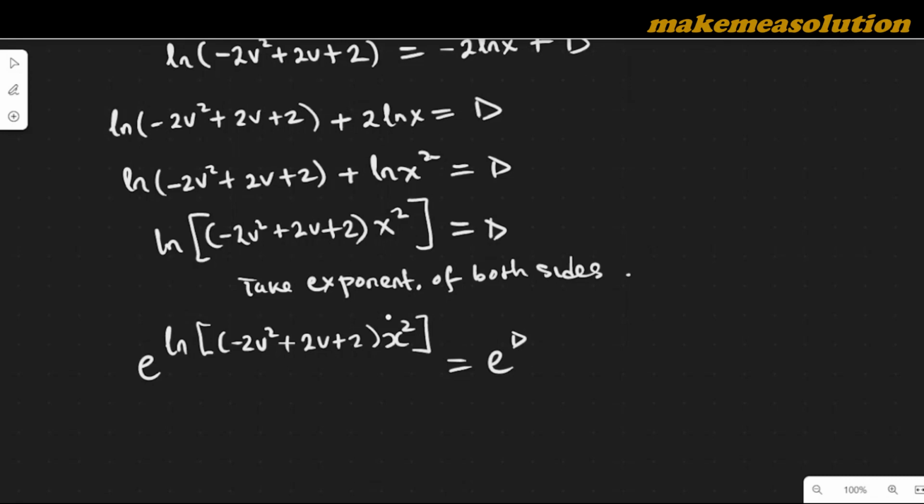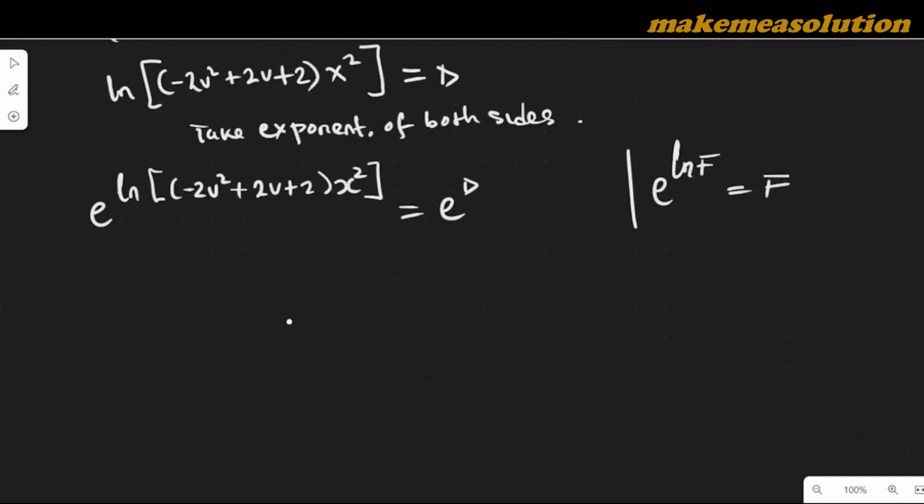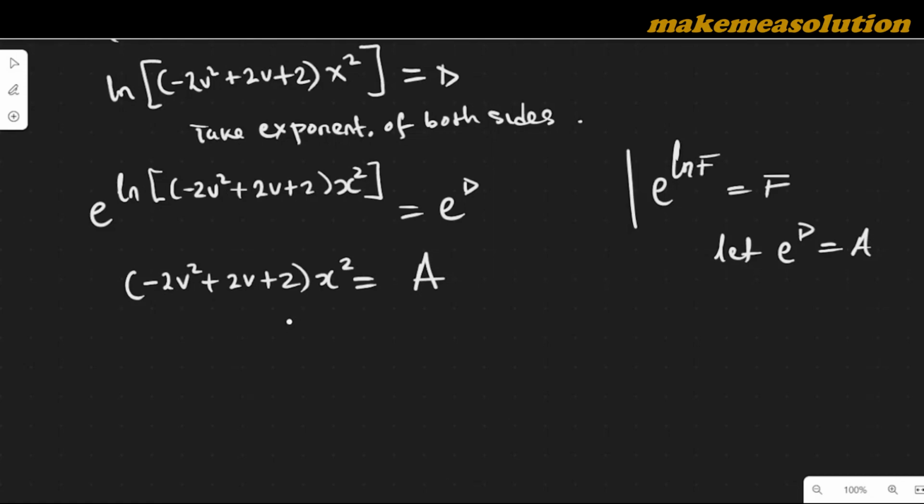Remember that exponential ln f is equal to f. So you can now say that this whole left hand side simplifies to negative 2v squared plus 2v plus 2 multiplied by x squared, and we can call exponential d a, since they are all arbitrary constants.